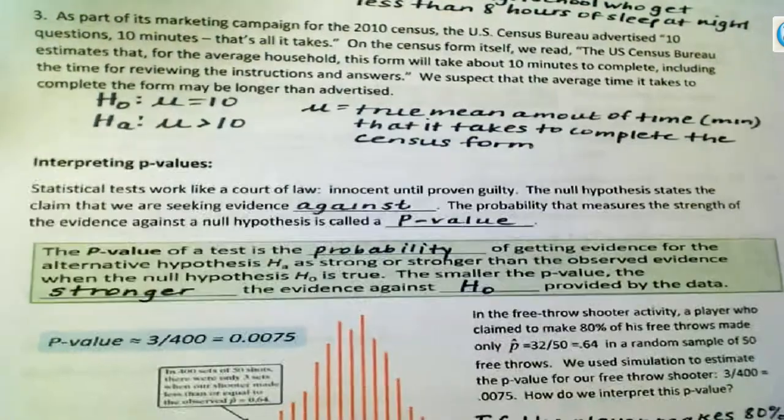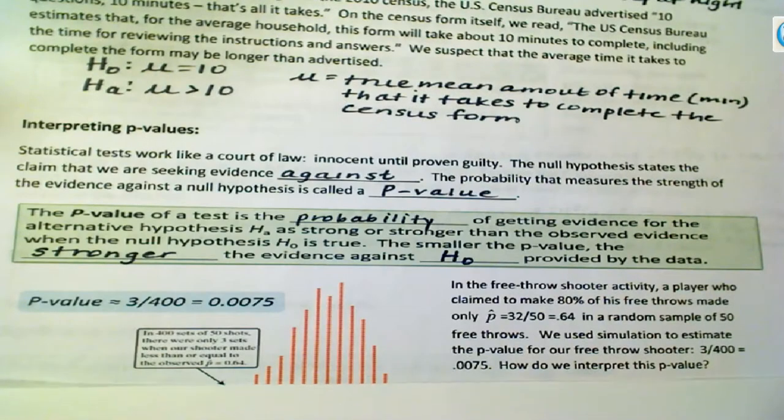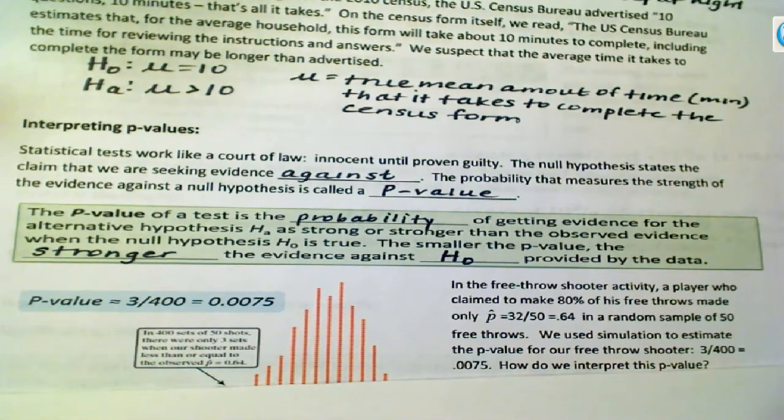This goes back to our basketball example. In the free throw shooter activity, a player who claimed to make 80% of his free throws actually went into the gym, shot baskets, and only made 32 out of 50, which is 0.64. In a random sample of 50 free throws, we used simulation to estimate the p-value for our free throw shooter: 3 out of 400, which is 0.0075.